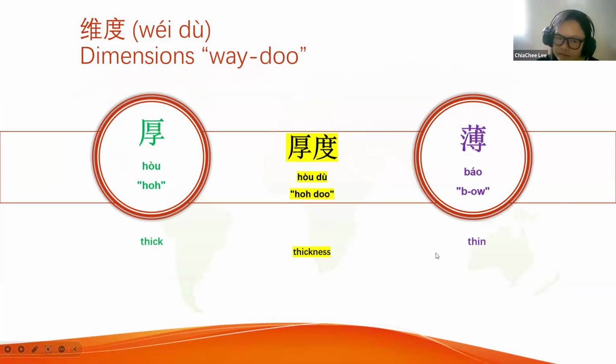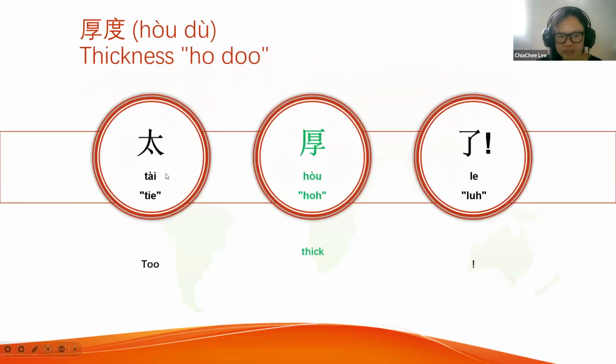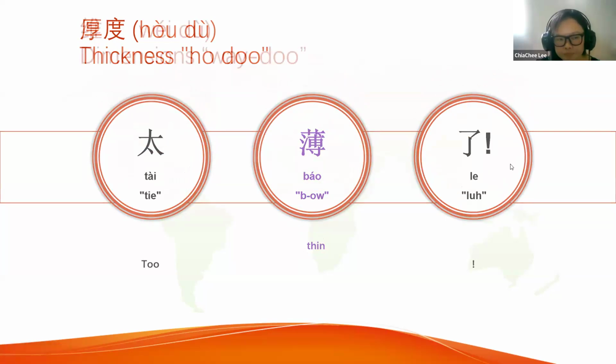So if we find out that it's really too thick, we will say 太厚了. And if it's too thin, we can say 太薄了. So what we change here is just the adjective. Then we proceed to our last pair.